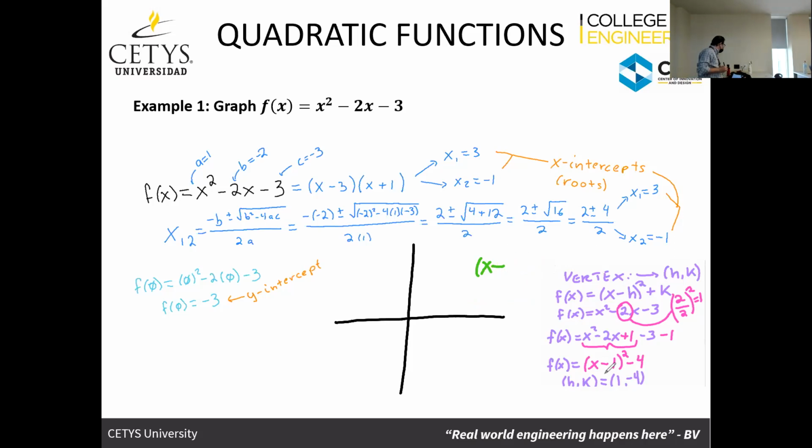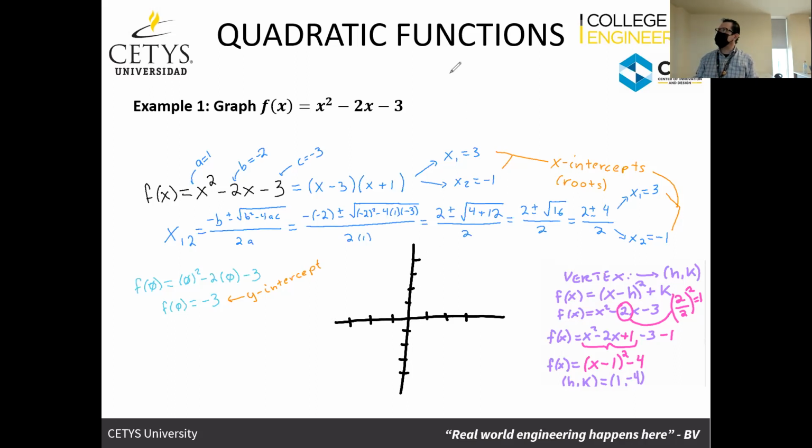Okay, so now let's try to do a better sketch of the graph. So let's locate the points that we have been talking about. So say 1, 2, 3, 1, 2, 3, 4.